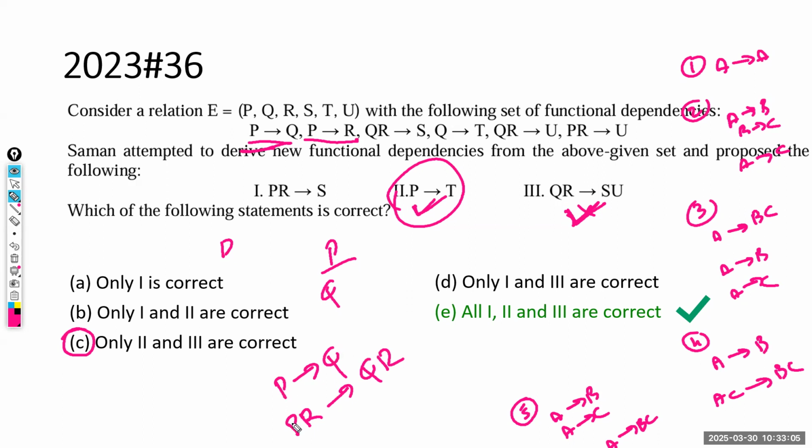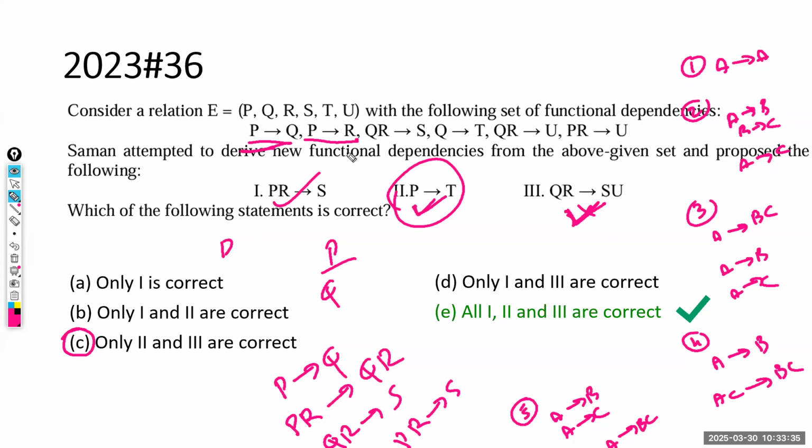If P determines Q, PR determines QR. Because here also R, this rule. Okay. We have given that QR determines S. That is given. So if PR determines QR and QR determines S, that means PR determines S by transitivity. So therefore, this is correct. Is it clear now?